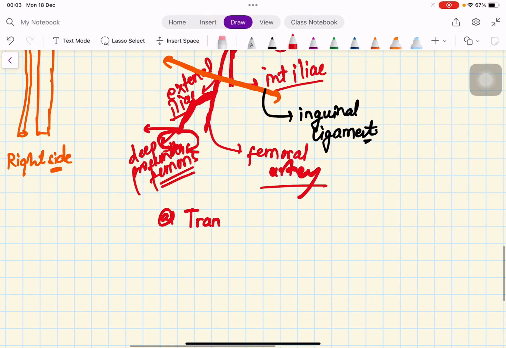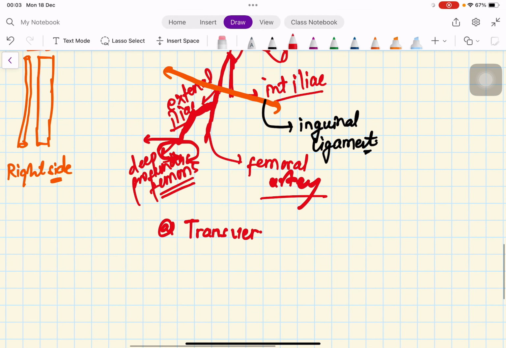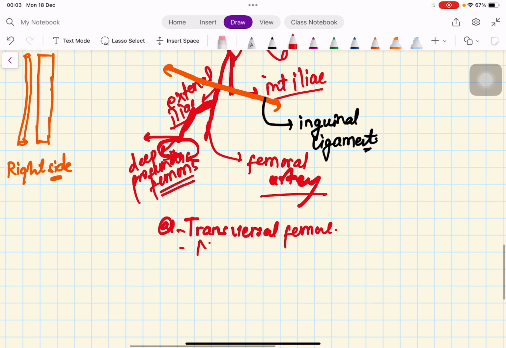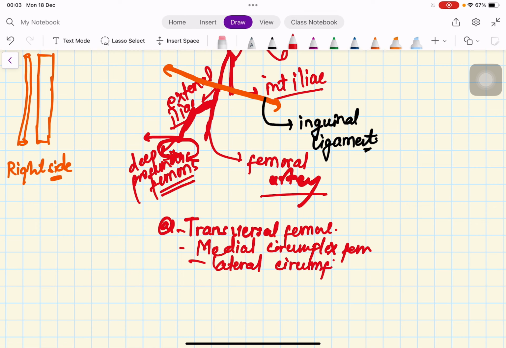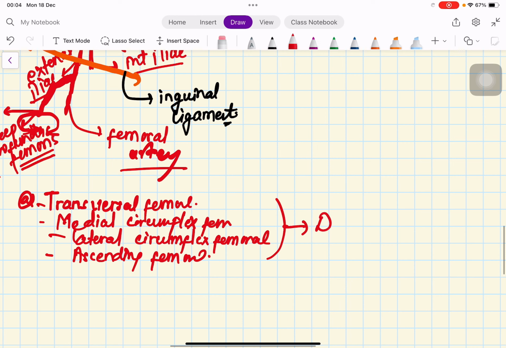Okay, so there was something like the transverse femoral, there is the medial circumflex femoral, there is the lateral circumflex femoral, and not only this, there is also the ascending femoral artery, which are the branches of the deep femoris, or the deep femoral artery.